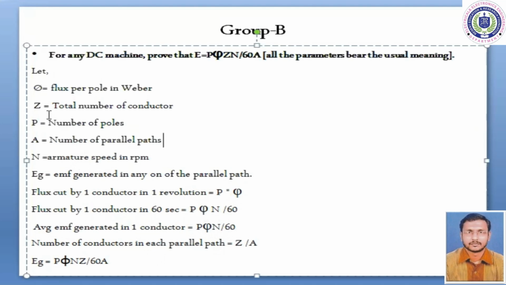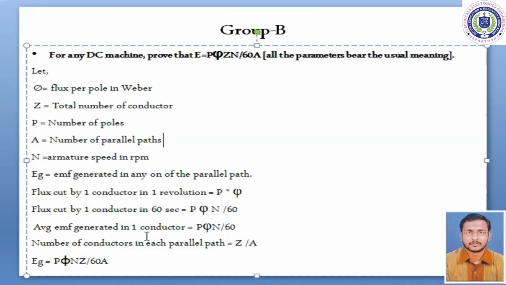Now, as the total number of conductors is Z and the number of parallel paths is A, how many conductors are connected in series per parallel path? You just have to divide Z by A. So Z by A is the number of conductors connected per parallel path.